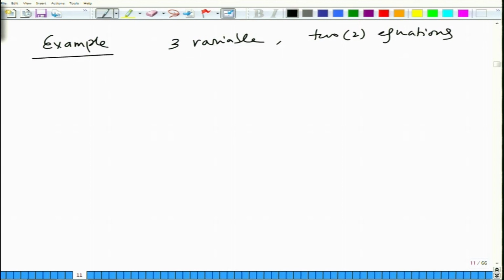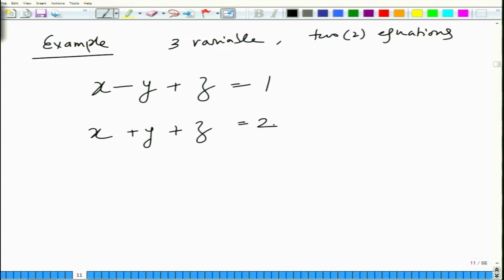The first one is x minus y plus z is equal to 1, and the second one is x plus y plus z is equal to 2. If you rearrange, you get 2x plus 2z is equal to 3.